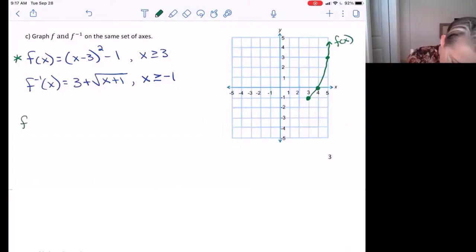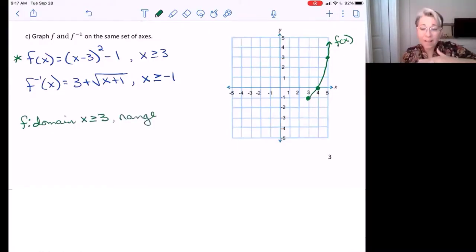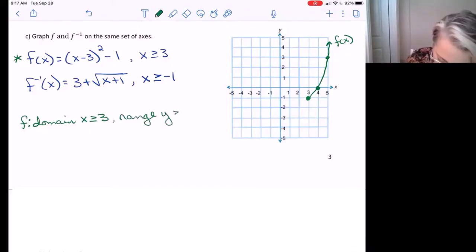So for f, it had a domain where x was greater than or equal to 3, but it also had a range. Notice the y values start at -1 and go to infinity. So the range is y has to be greater than or equal to -1.